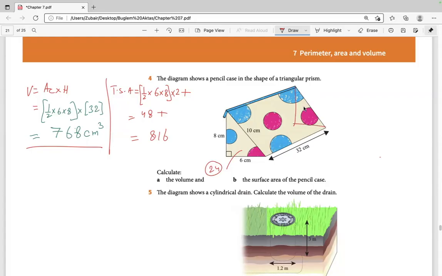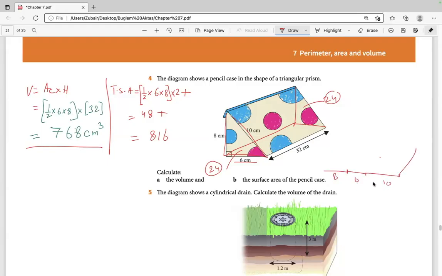There is one triangle at the back, that is again 24. And we have 3 rectangles. One is 6 into 32. The other is 8 into 32. The last one is 10 into 32. When we open this up, it will be 8, 6, and 10 into 32.